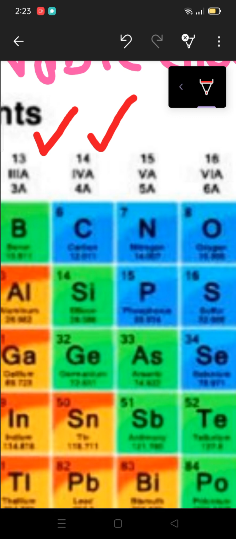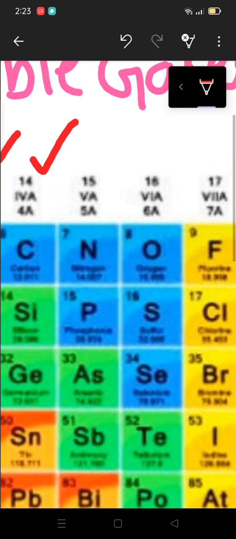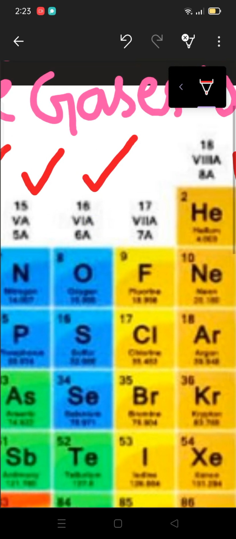Then fifth A group, they were having 5 electrons in the outermost shell, so they need to gain 3 more electrons. Then we talked about the sixth A group elements, which were having 6 electrons in the outermost shell, and they need 2 more electrons in order to make themselves stable and complete the outermost shell.